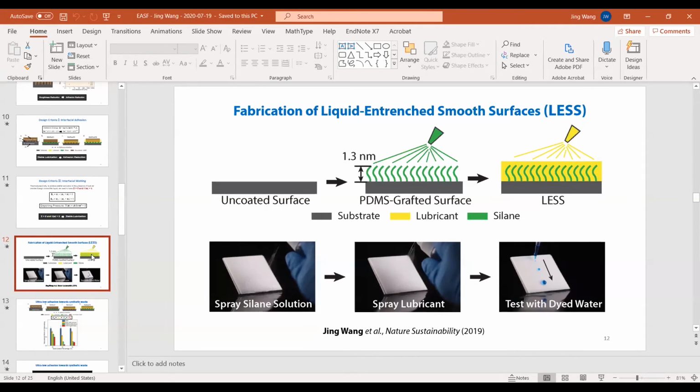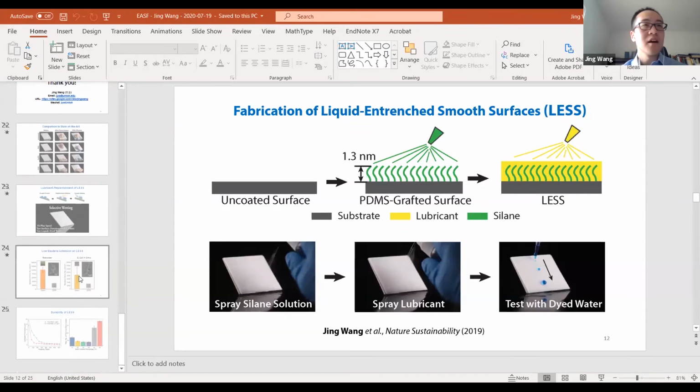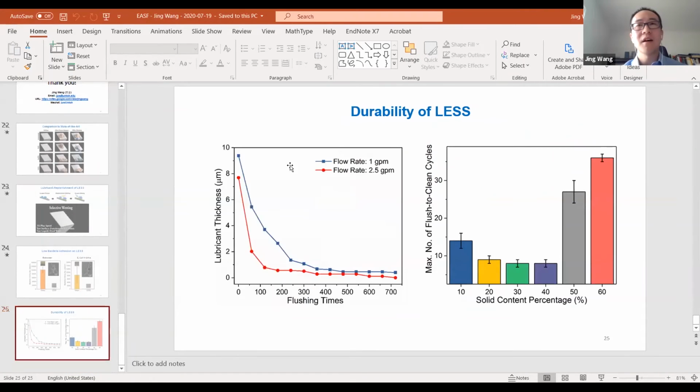So did you study the long-term stability of that coating? Longevity of the coating? Yes. Due to the time issue, I didn't mention that, so I will show it here as a backup slide. If we only flush the toilet, we can stand more than 500 flushes without losing all the lubrication.